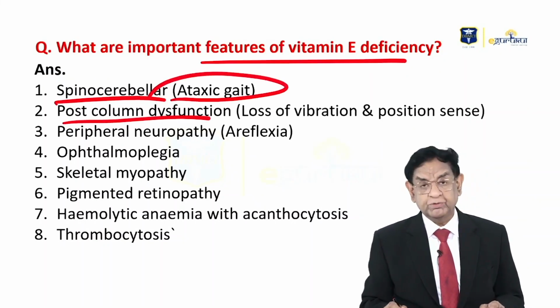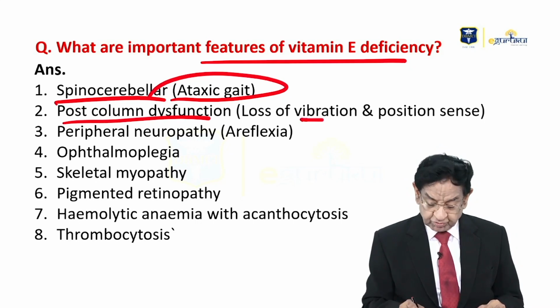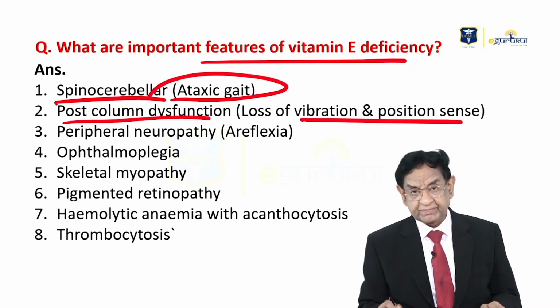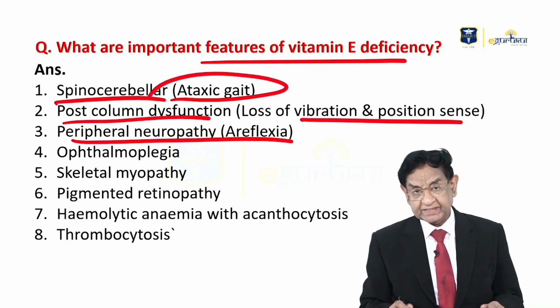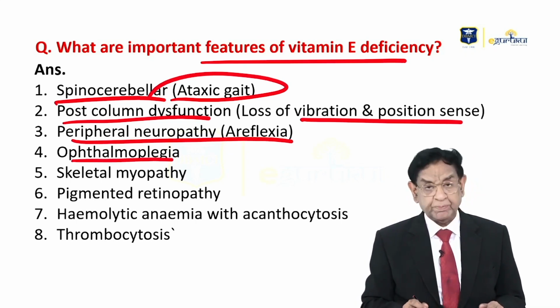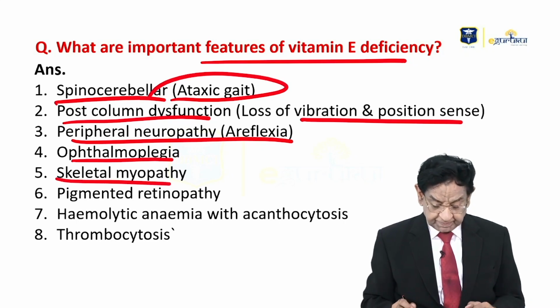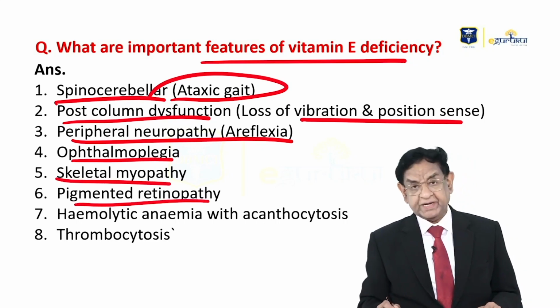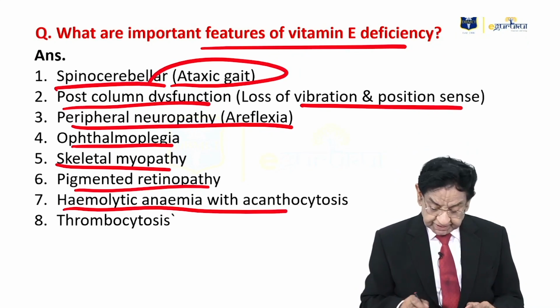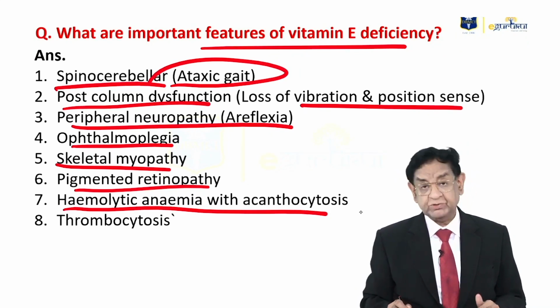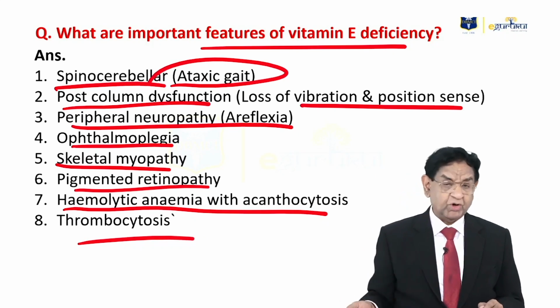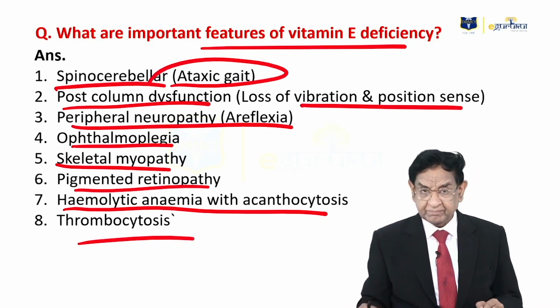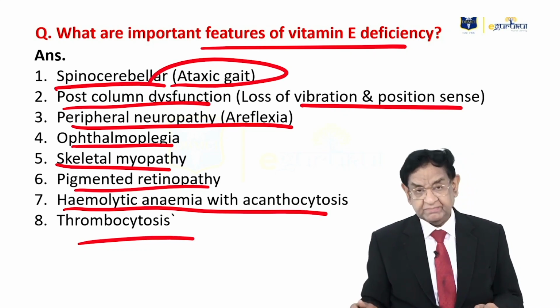It can also lead to posterior column dysfunction, with loss of position and vibration sensation. Peripheral neuropathy can lead to areflexia. It can lead to ophthalmoplegia, skeletal myopathy, pigmented retinopathy, hemolytic anemia, acanthocytosis, and thrombocytosis. So you can see there is involvement of the nervous system, the blood, and the muscles also.